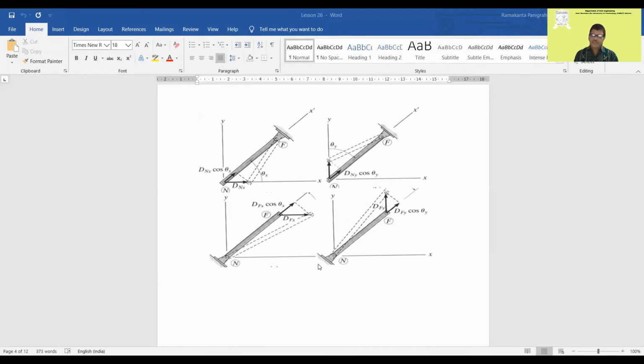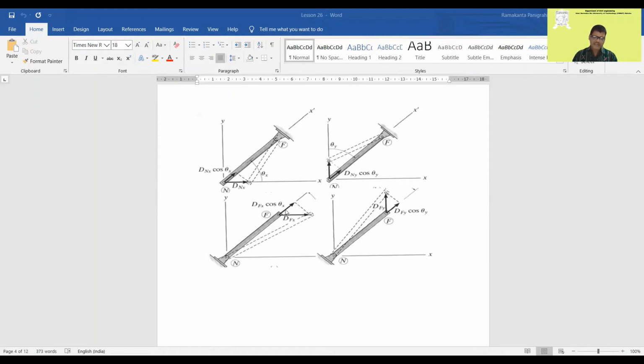Right. Now, what is the capital dnx? Capital dnx, capital dny are in the global directions. They are in the global directions. You can see in the figure given the global directions. Now dfx is the global.